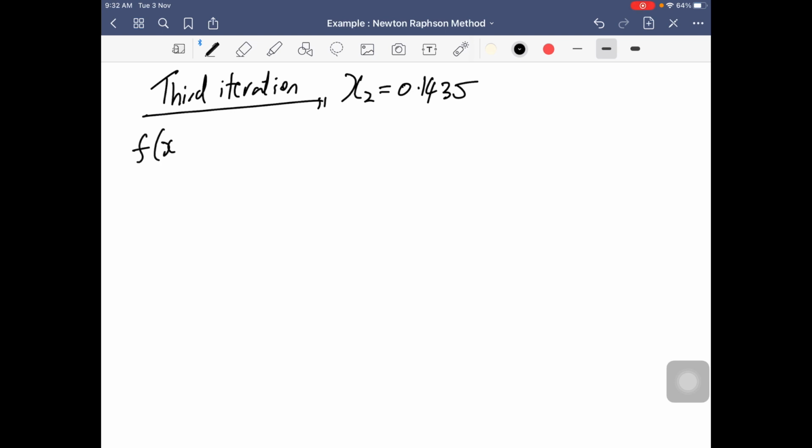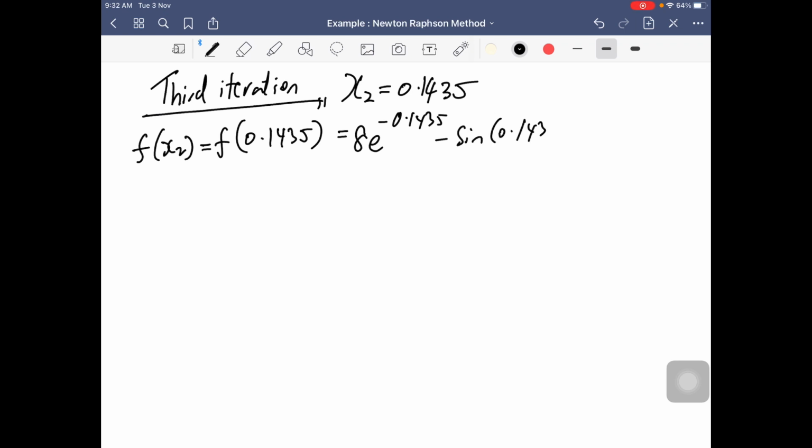Calculate your f(x2), that is f when x equals 0.1435. If you use a calculator and substitute here, you should get negative 0.0089 for your f, and then for f'(x2).